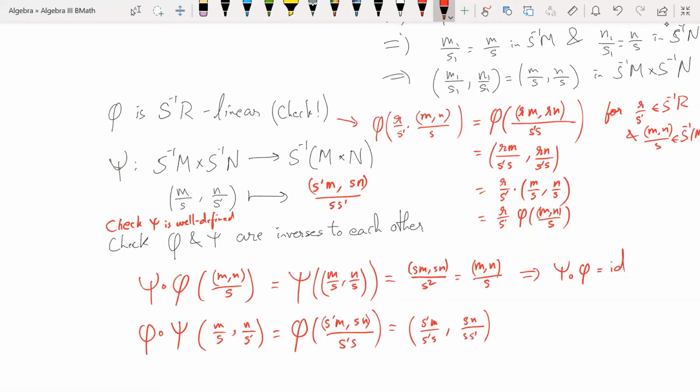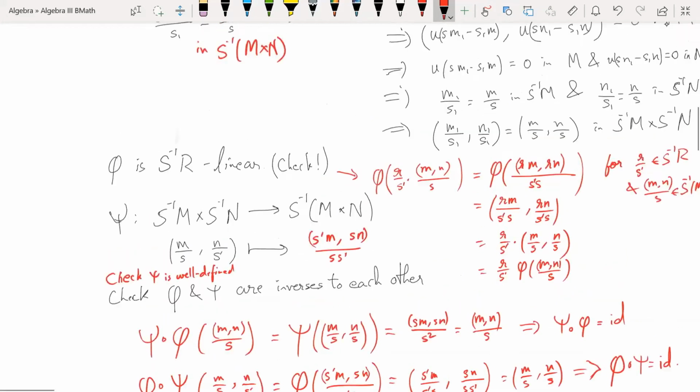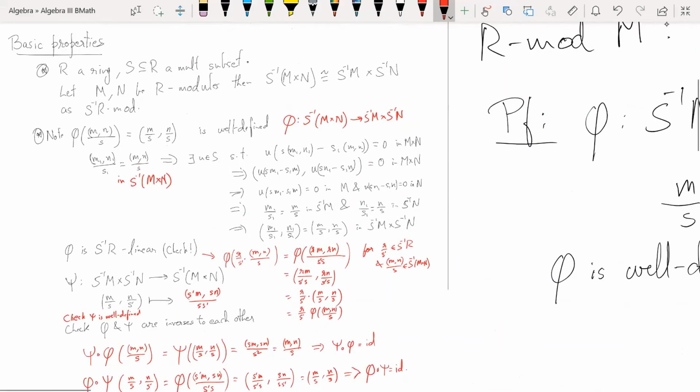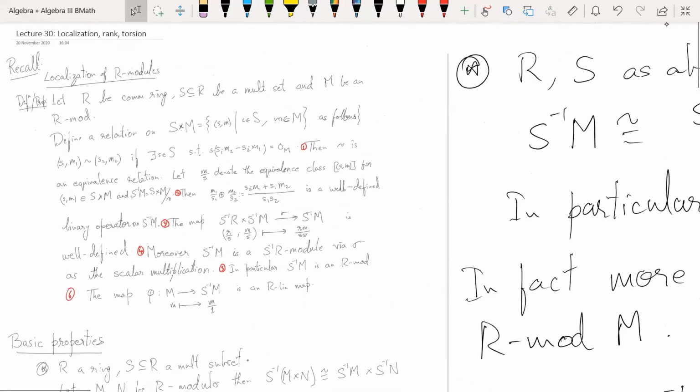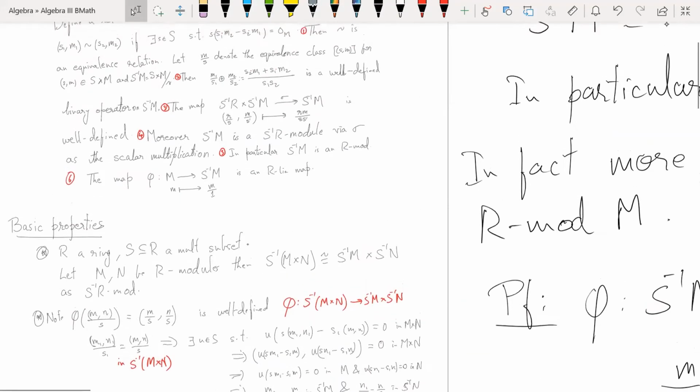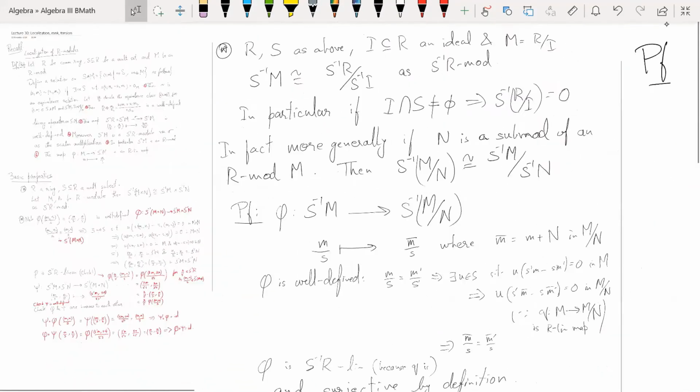But this, of course, again is the same as m over s comma n over s prime in S inverse M cross S inverse N. So the other way, phi composed C, is also identity. That tells you that phi is bijective. Hence we get this isomorphism, so that proves that the two rings S inverse M cross N and S inverse M cross S inverse N are isomorphic.